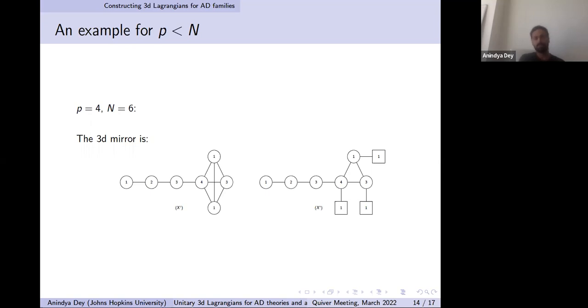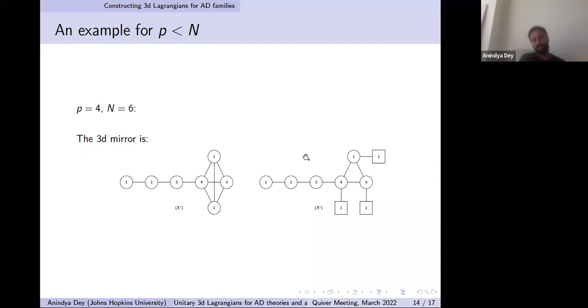So this is the mirror. It's a linear quiver, as you can see, coupled with a complete graph with 2 nodes, where the edge multiplicity is just 1. Now if you decouple the overall U(1), this is the non-ADE-type quiver that you get.